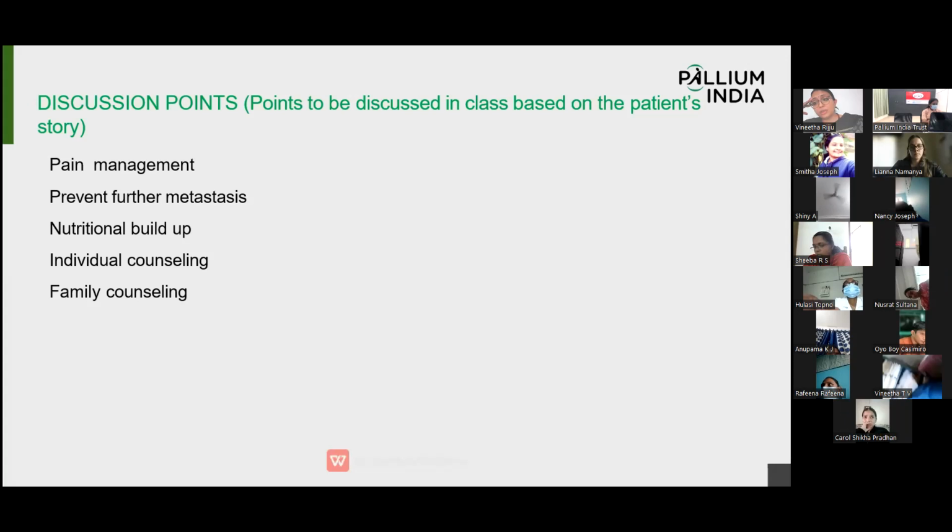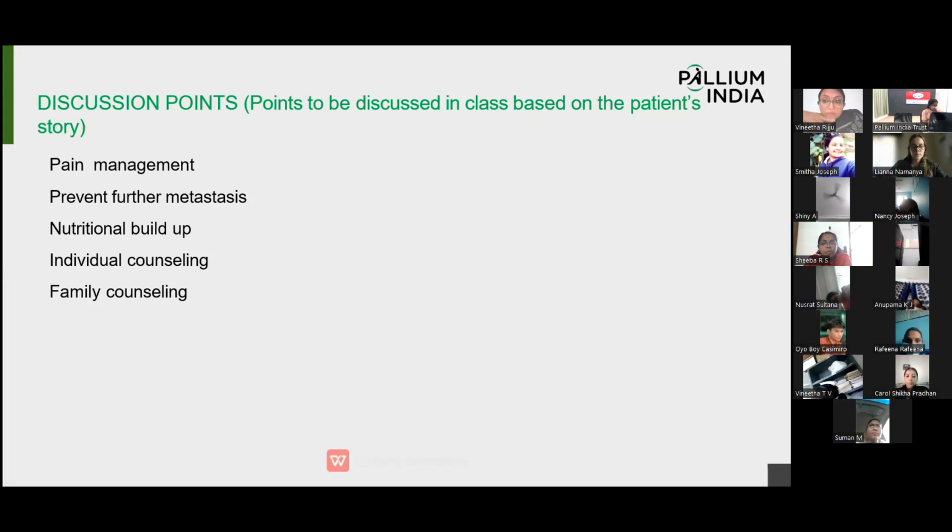So now with all this vomiting, the weakness is probably because of poor nutrition. Yes, Kanchan says it's probably because of poor nutrition, because of the vomiting.